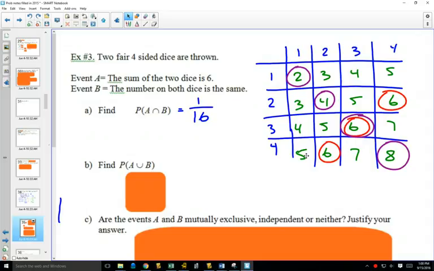So here, can you see that they're not looking for one event after another? They're looking at when they happen at the same time. Probability of A or B, if we count all the circled ones up, we get 6 out of the 16 numbers have been circled.